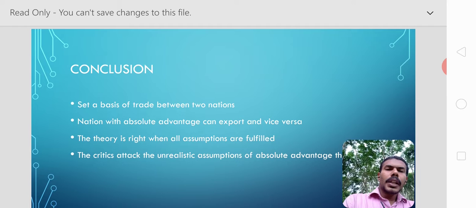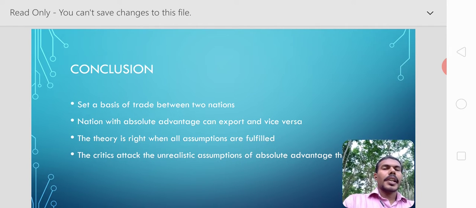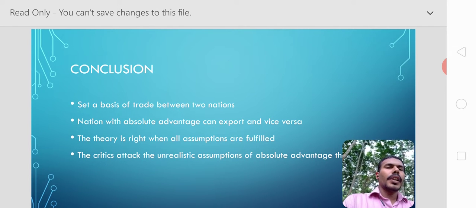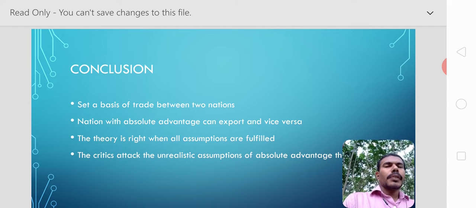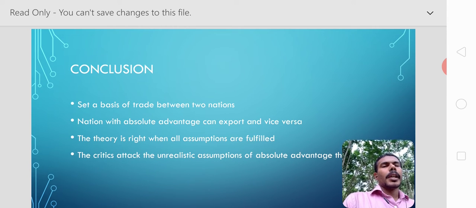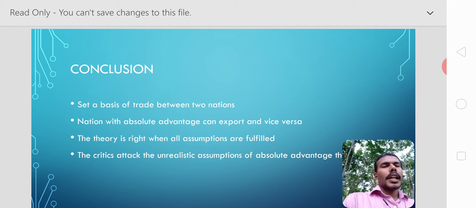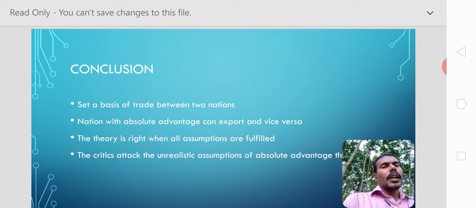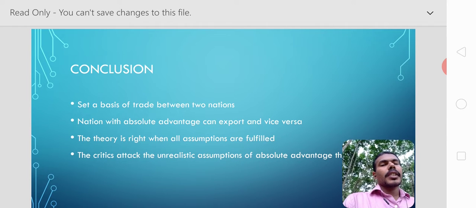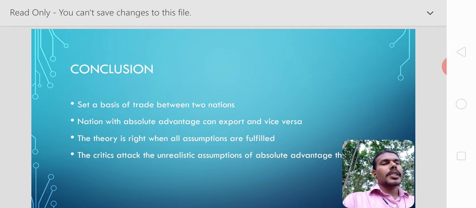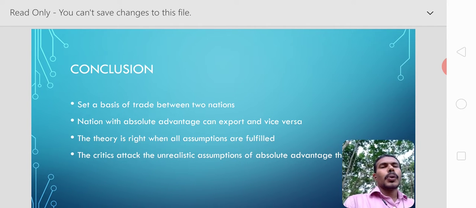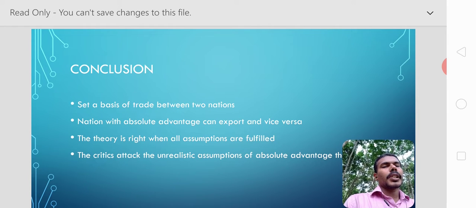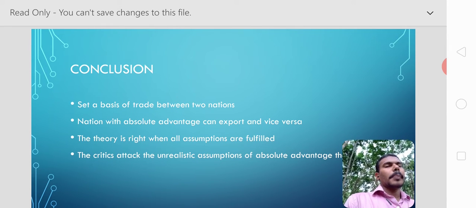According to the theory, in essence, the nation with absolute advantage will export the commodity, and the nation with absolute disadvantage will import the commodity. The advantage is in terms of cost of production. When cost of production is low, that nation has the advantage, and that nation should specialize in the export of the commodity, and other nations should import the commodity.